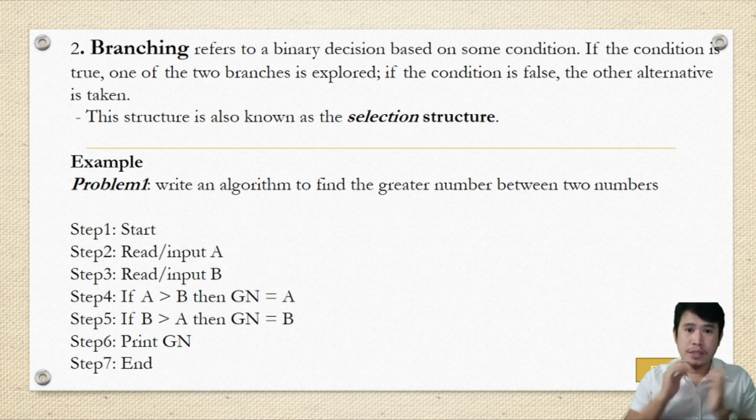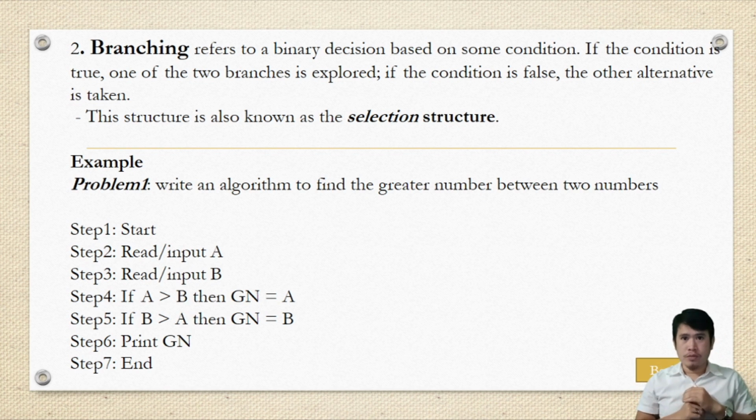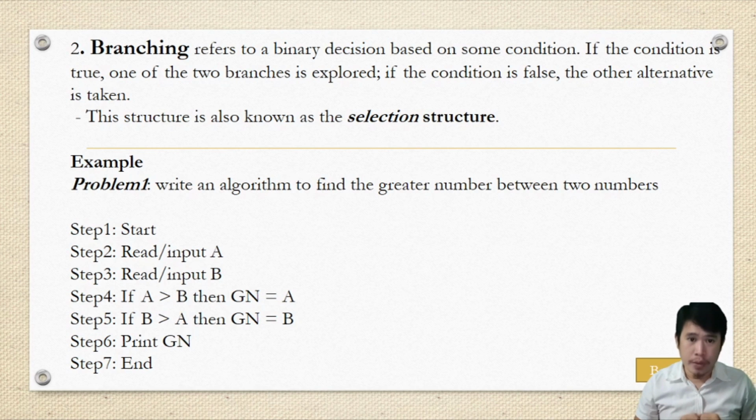In this case, we have to use the IF statement method to compare these two numbers. To think that this problem has two numbers to be compared, so we have to use also two variables to hold that value that we have to compare.